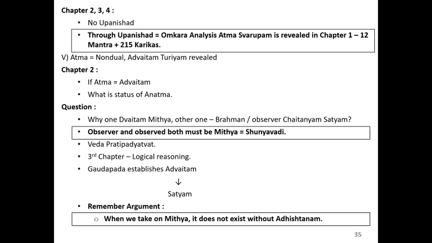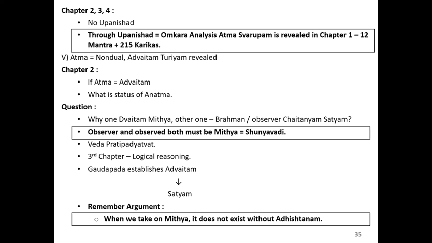The third chapter is full of logical reasoning because it establishes that Advaitam is Satya. When we say Advaitam is Satyam, what happens to the world which is Anityam, which is Mithya?